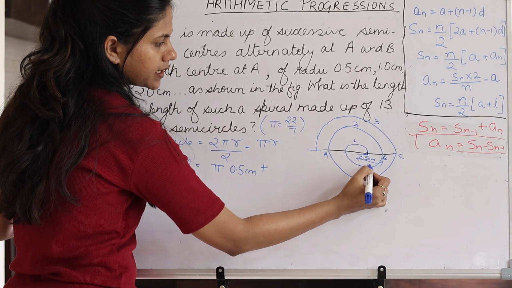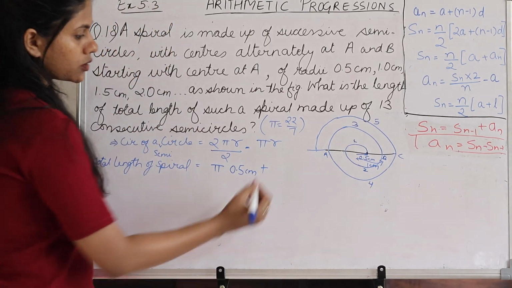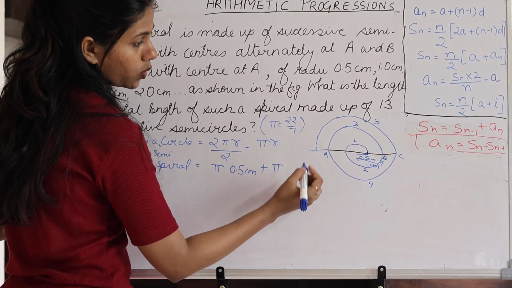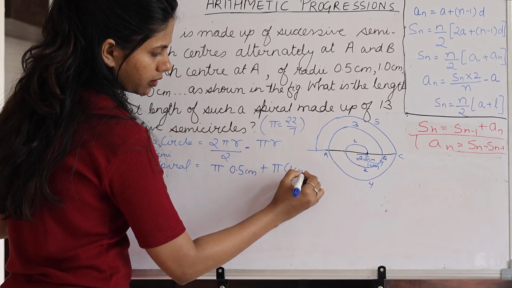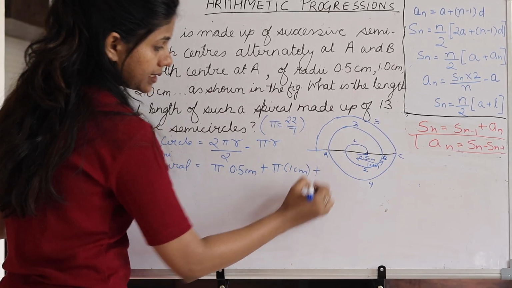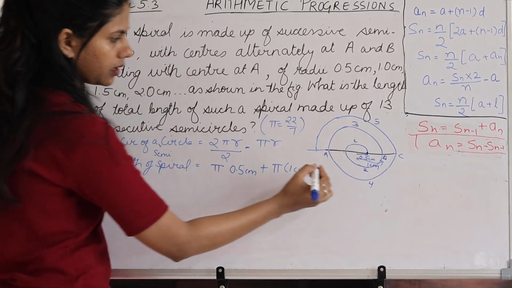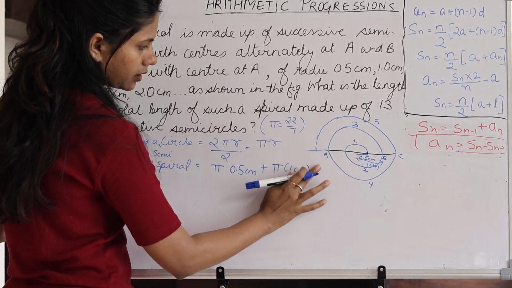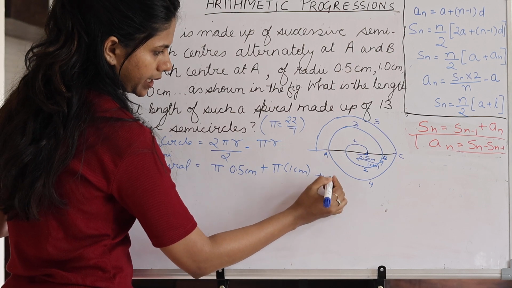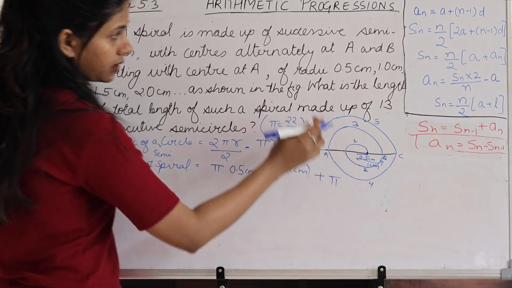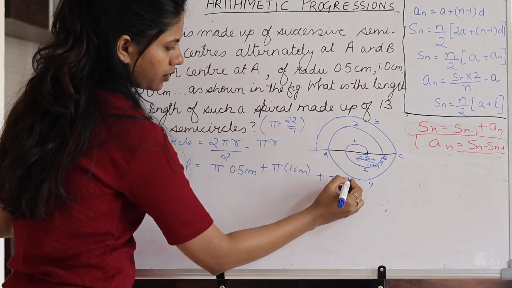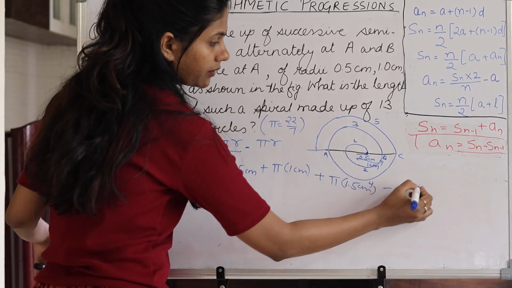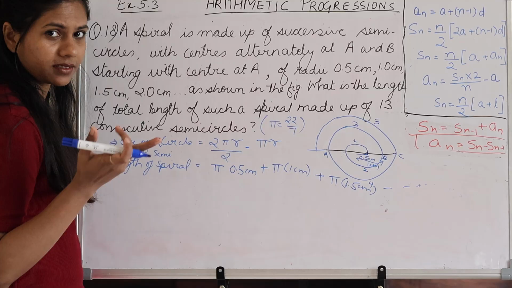So for this semicircle it will be pi r, so pi plus 1 centimeter. Plus pi times the third, which is 1.5 centimeter. Like that we are summing up to the 13th.